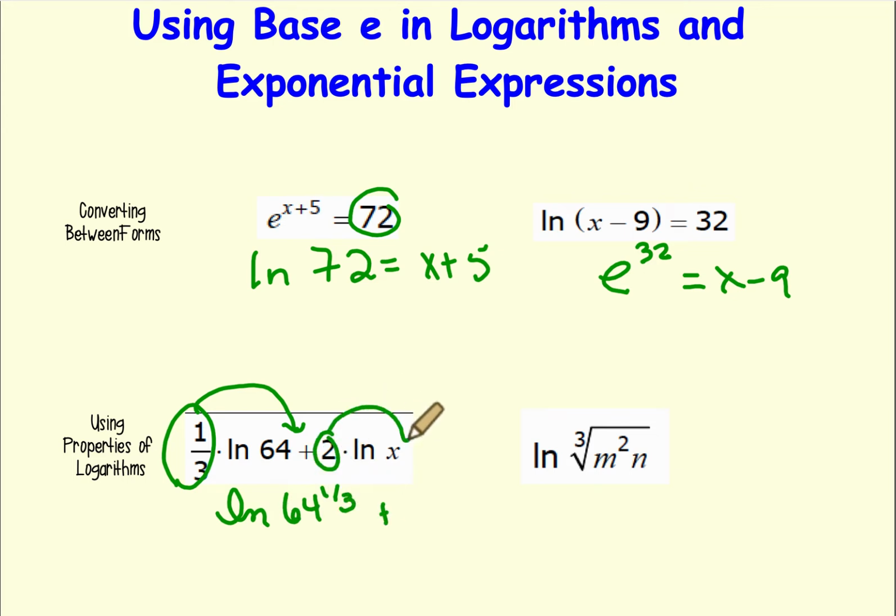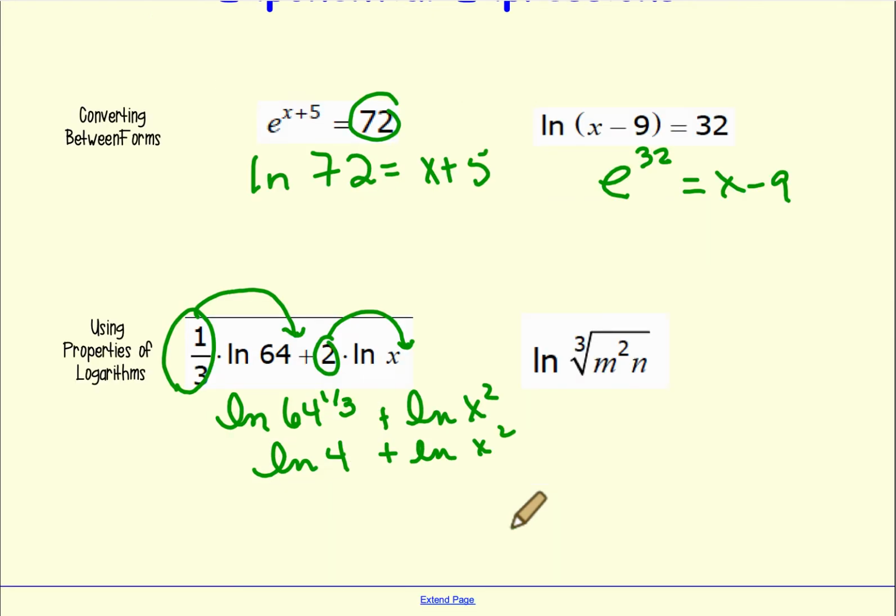The 2 becomes the exponent of x. 64 to the 1/3, remember 1/3 is the same as the cube root, which gives me the natural log of 4 plus the natural log of x squared. And using my product property, I get 4 times x squared, and it's simplified.